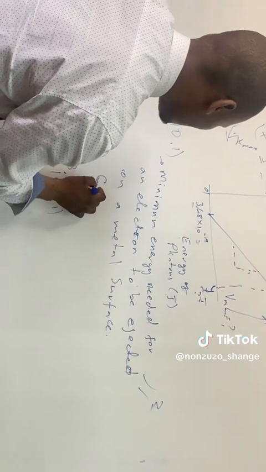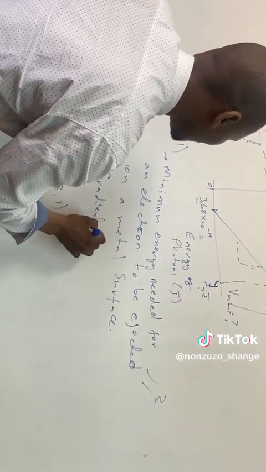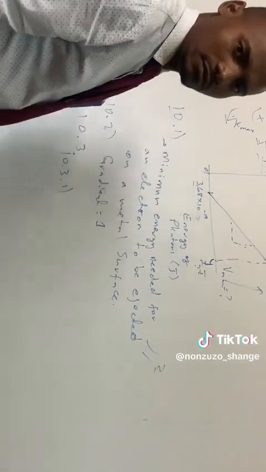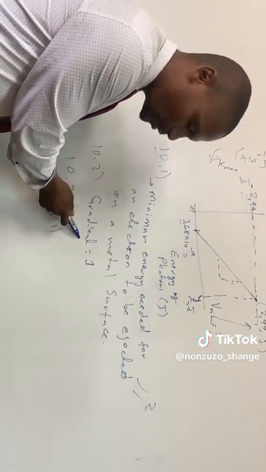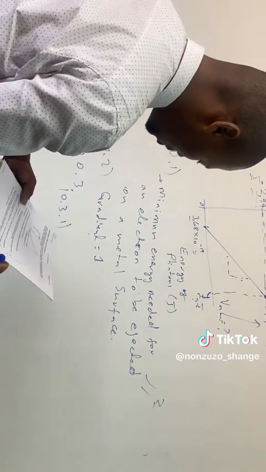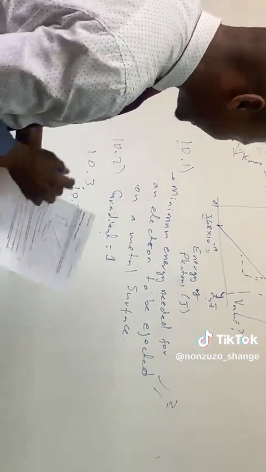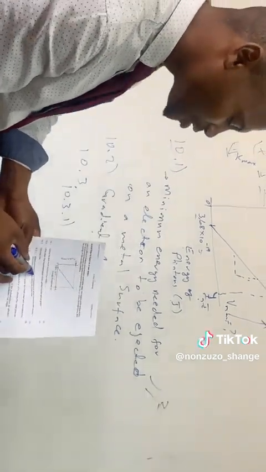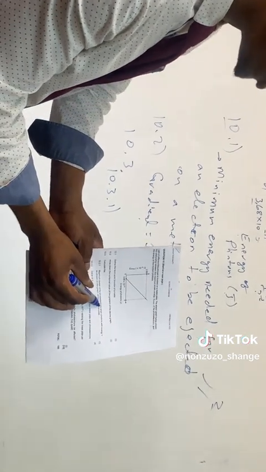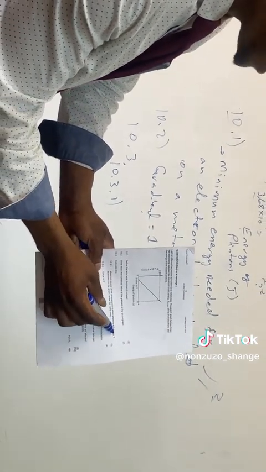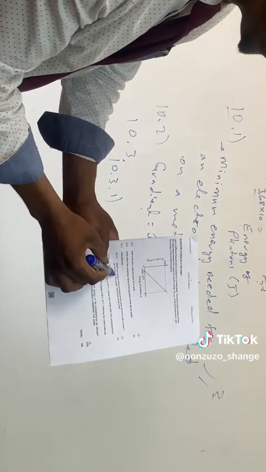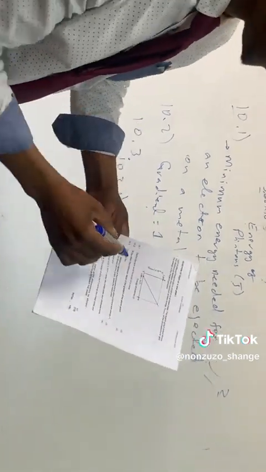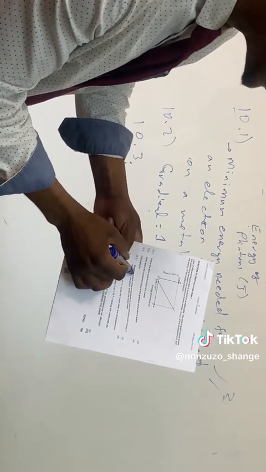10.3 says calculate the maximum speed of the photoelectrons when photons with energy Y, as shown on the graph, strike the metal plate.